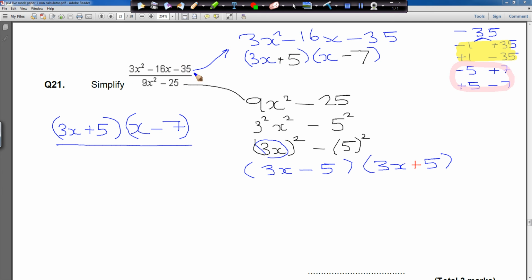You replace this part with this part, which is equivalent. Now the bottom part we said is equal to this. So let's copy down the bottom: 3x minus 5, and then we have 3x plus 5.